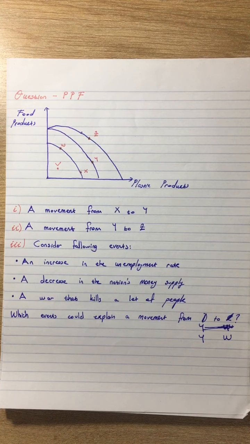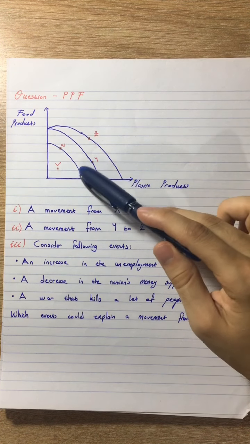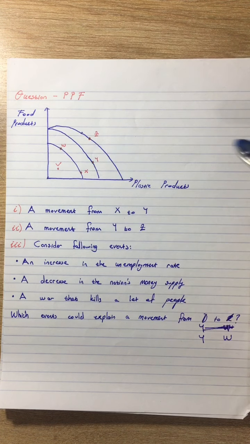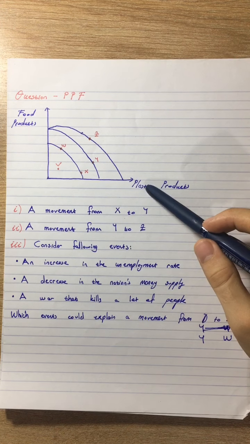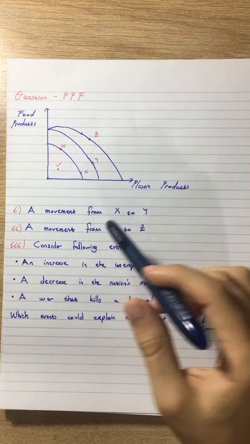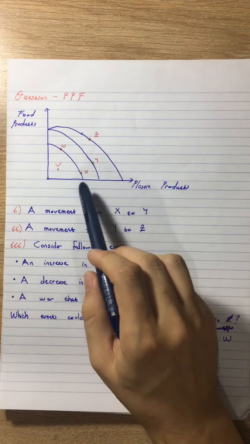Okay, in the last question, we are given a country's production possibilities frontier. Actually, we are given different PPFs of a country. In the first part, we are asked to find the reason why a movement from X to Y can occur. X to Y, as you can see, there is an increase in production capacity in both industries, both in the plastic industry and in the food industry, since we can produce more with given resources.